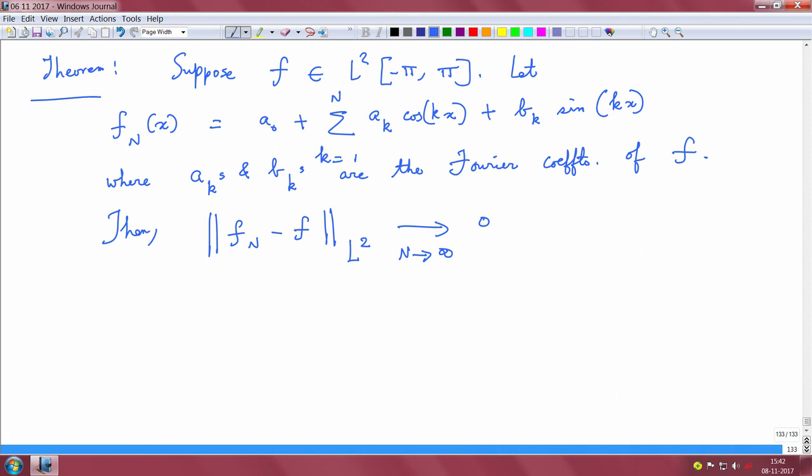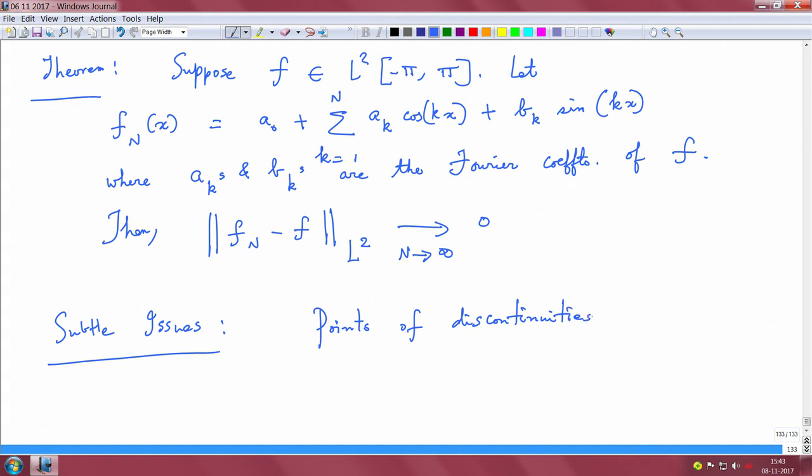The subtle issue is, what if you have points of discontinuity in f, and possible extensions to overcome these.